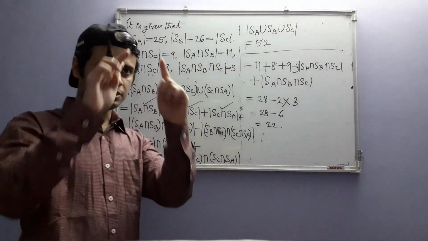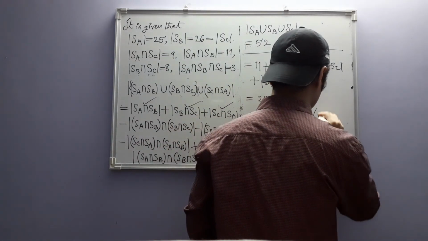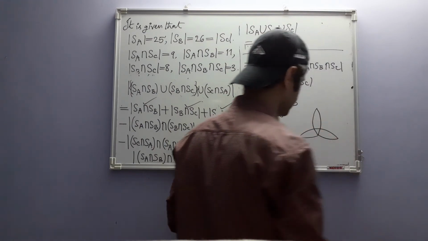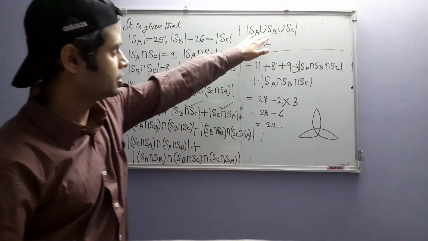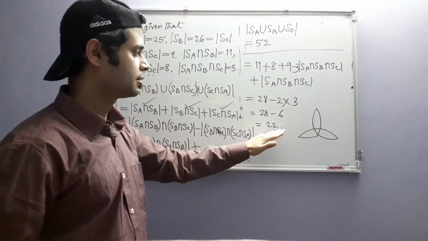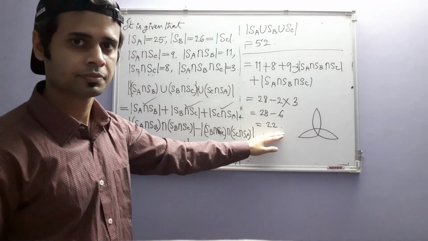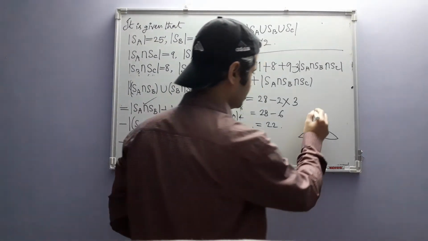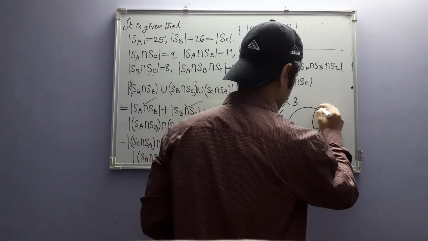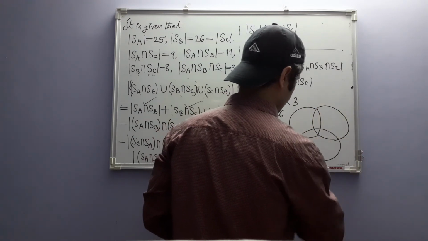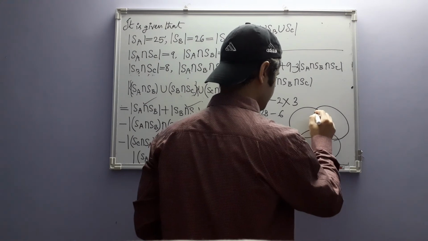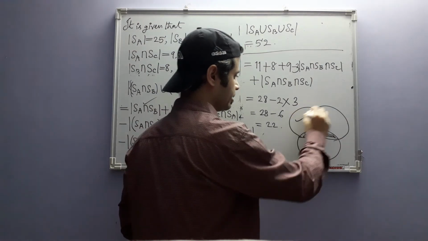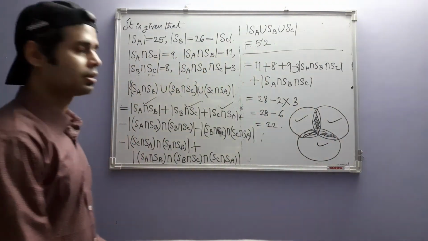That means this region inside this union has 22 people. And this one has 52. So if I am subtracting this portion from the whole union, then I get what I require.